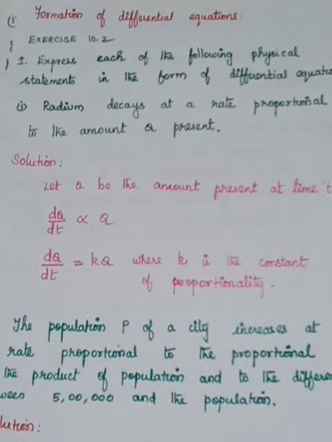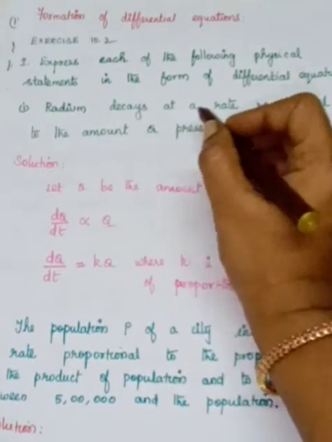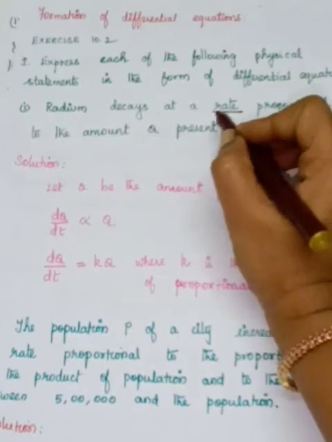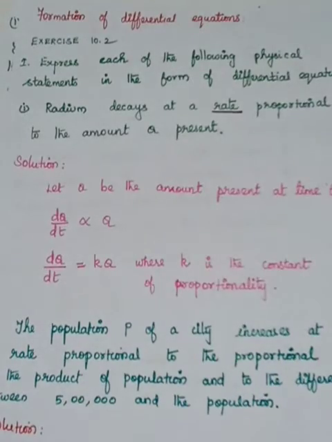You see the word radium decays at a rate. So, what is it? Radium decays at a rate means the rate of change of radium. So, how the radium is changing with respect to time.